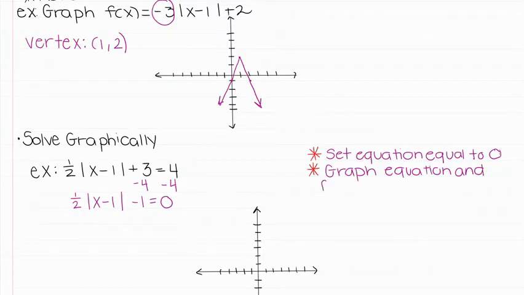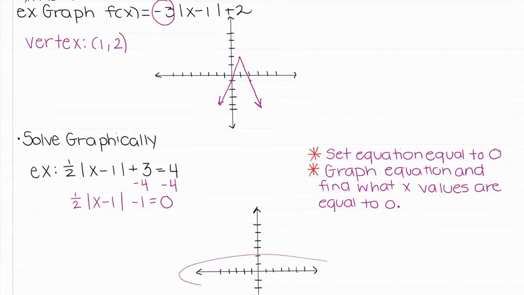So graph the equation and find what x values are equal to 0. And when I say 0, I'm talking about y equals 0, or in other words, this x-axis.